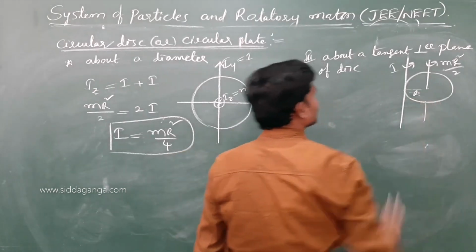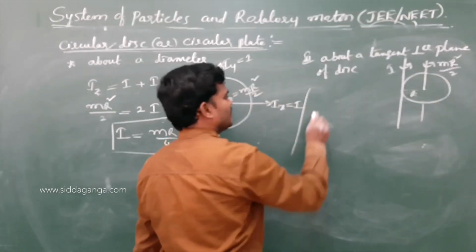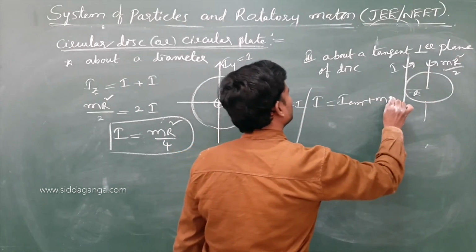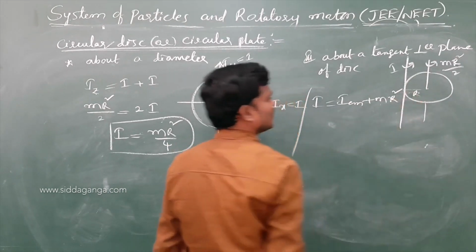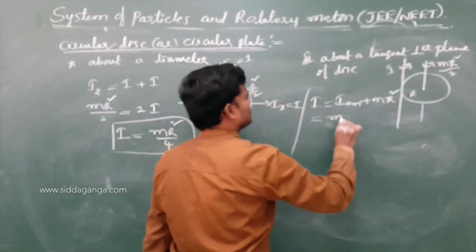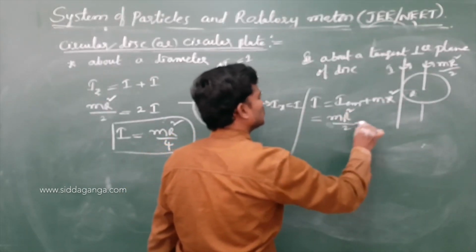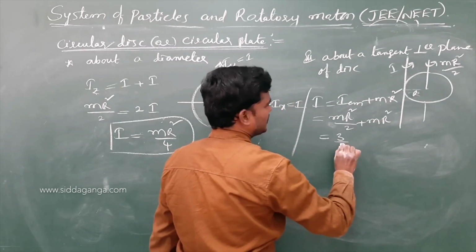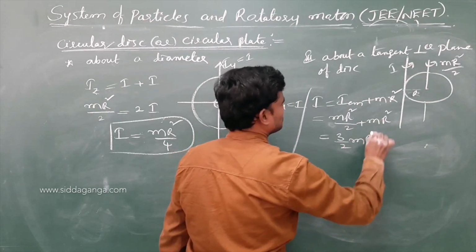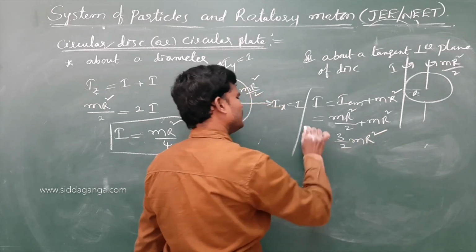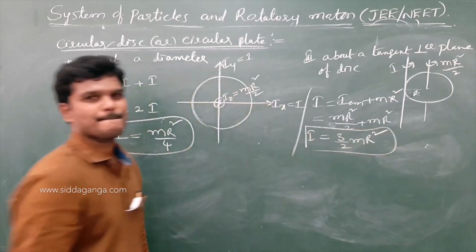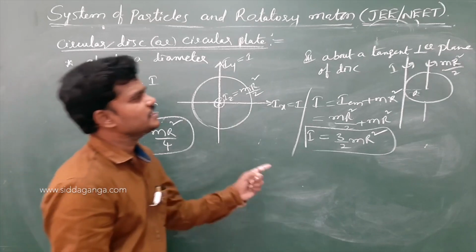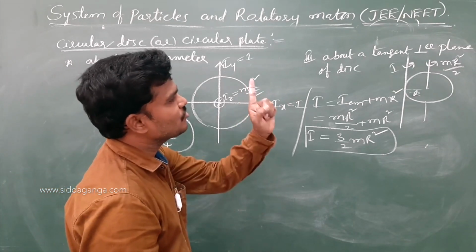Use the parallel axis theorem: ICM plus m into gap square. The gap is R, so mr square by 2 plus mr square, which is 3 by 2 mr square. So this is about a tangent perpendicular to the plane of the disc.